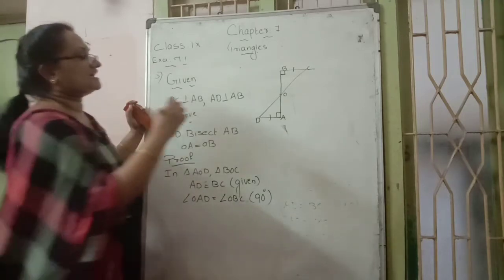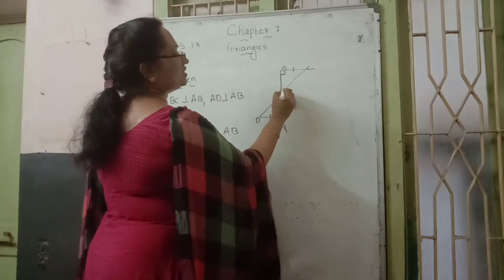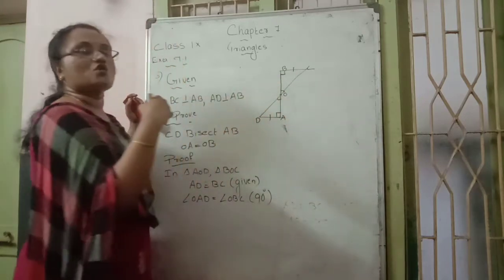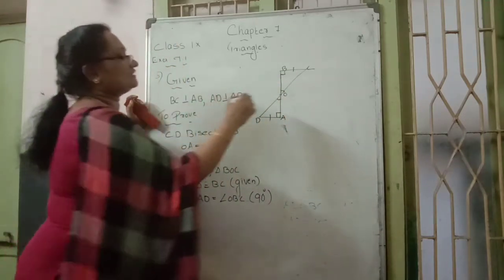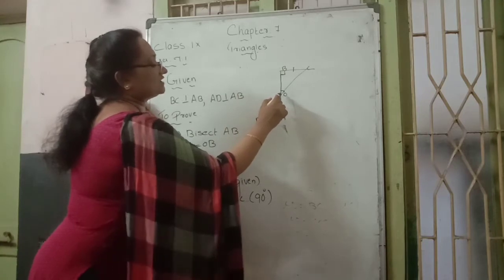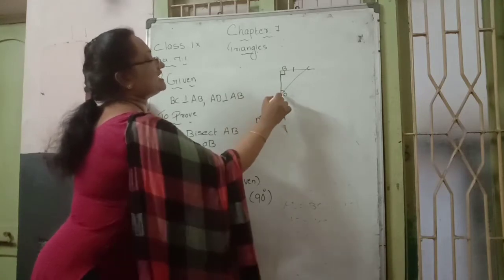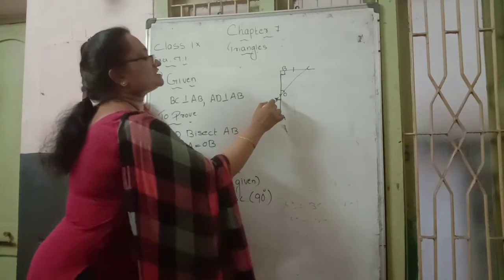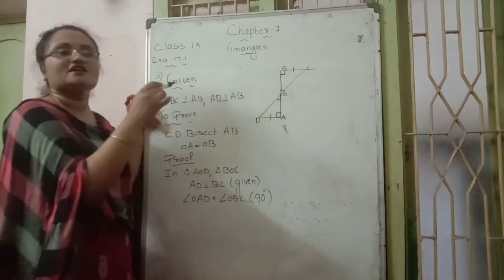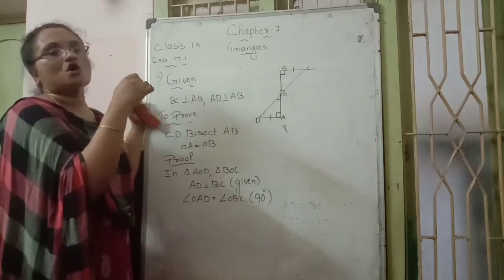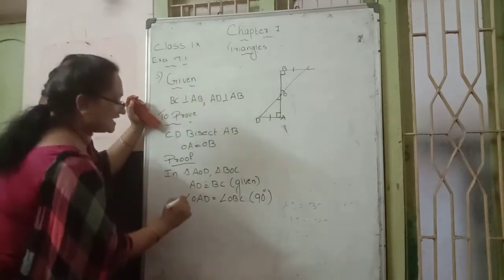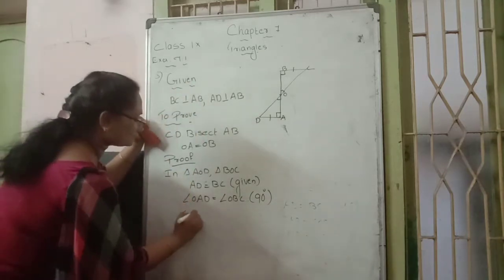Next, we can say in both triangles, the O angle is common. Which are the two triangles? Triangles OAD and OBC. The O angle is common there, but they are vertically opposite.